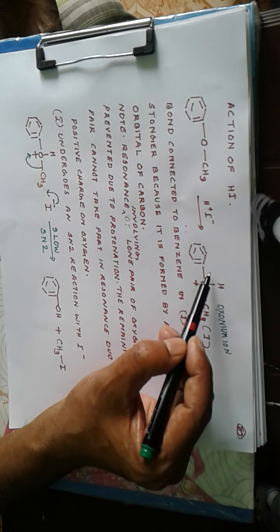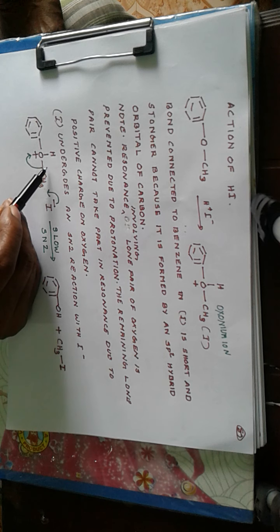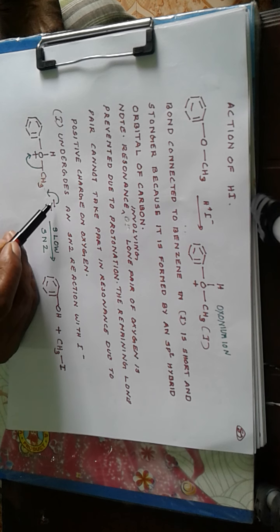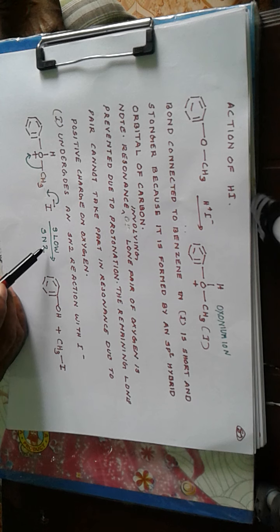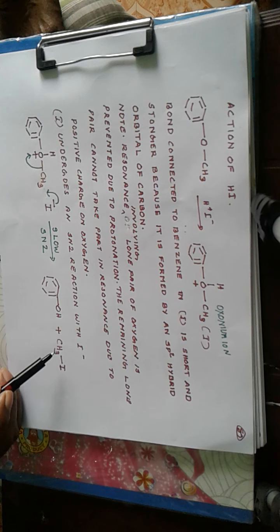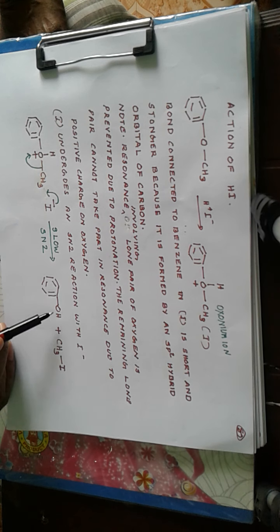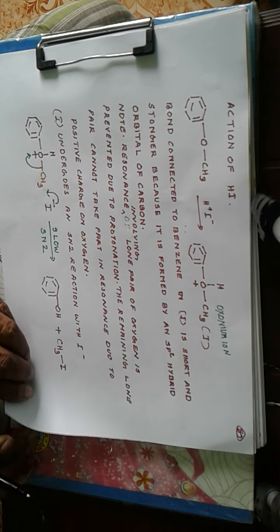But again, this bond is stronger. So naturally there is a chance for breakage of this bond, and since this carbocation cannot be free, iodide attacks at this carbon by an SN2 mechanism, which is a slow process. We get phenol and CH3I. So this is an SN2 mechanism.